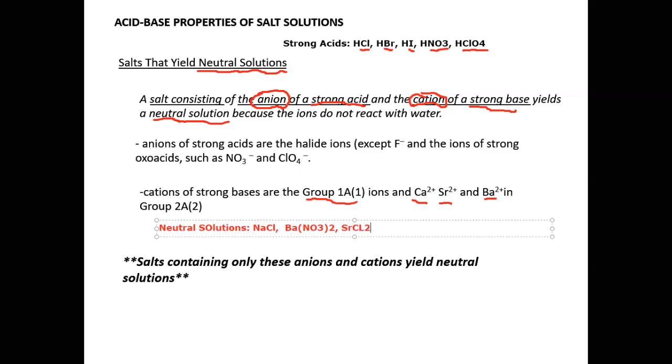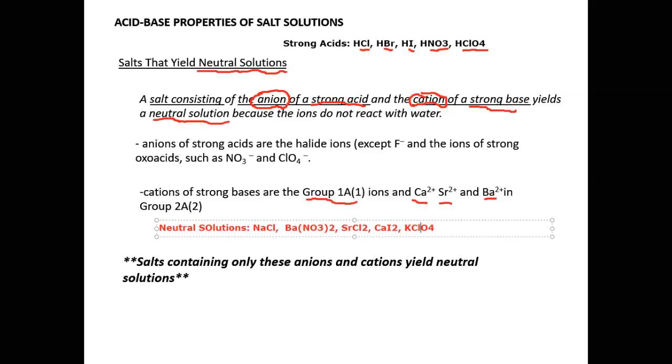Strontium chloride, neutral. Calcium iodide, neutral. And we'll give you one more: potassium perchlorate is neutral. So again, these contain a cation that is neutral and an anion that is neutral.